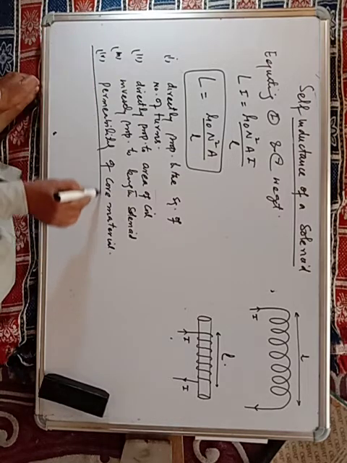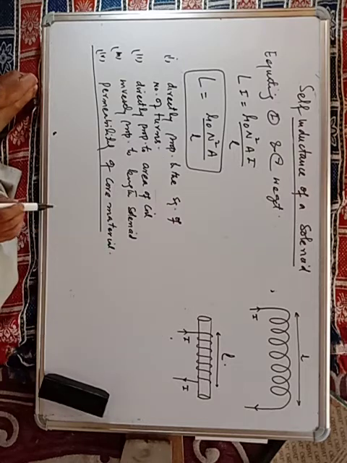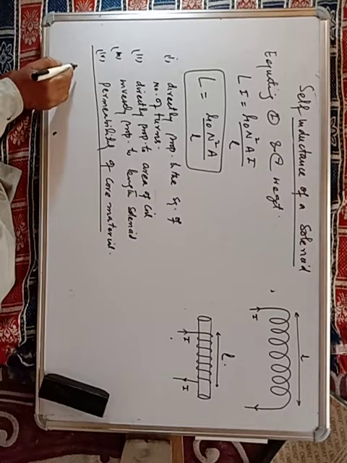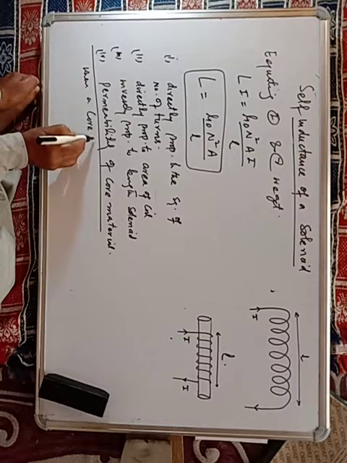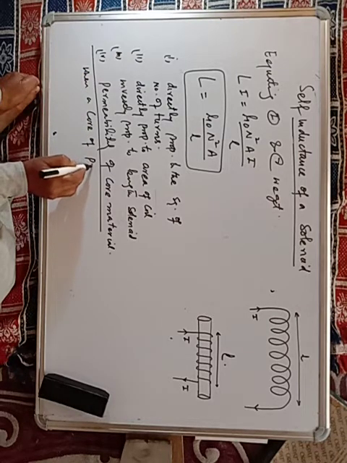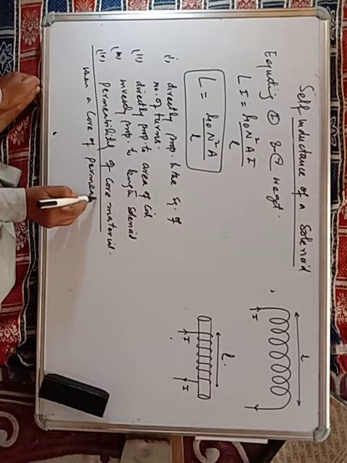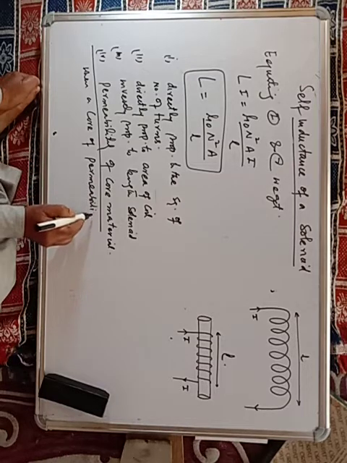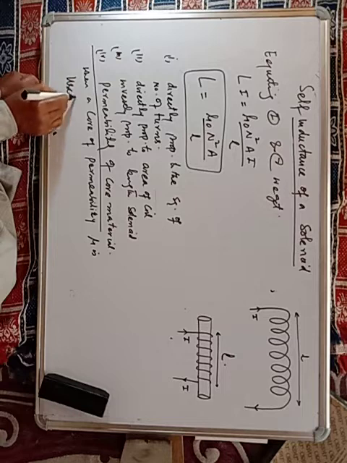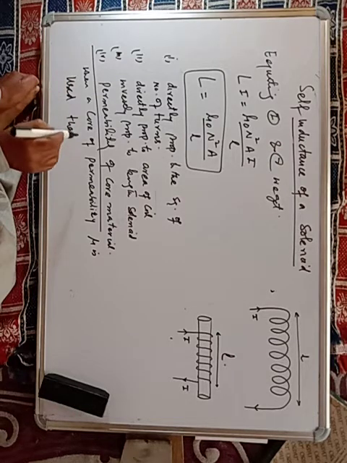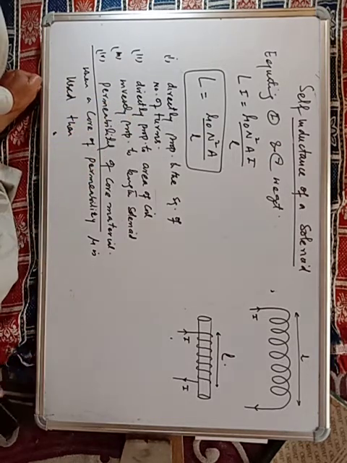So if we replace the air core with a core material, when a core of permeability mu is used, then what will happen to the expression?